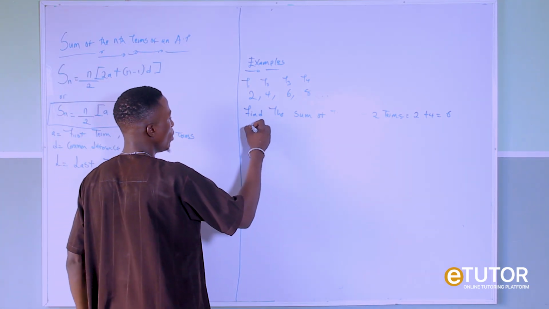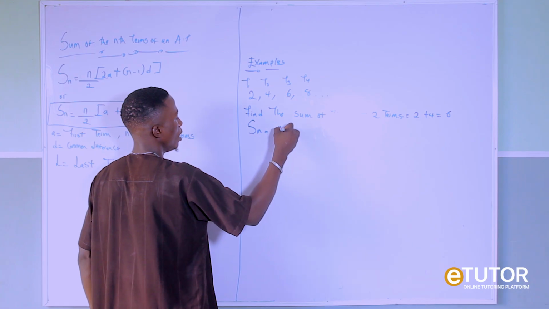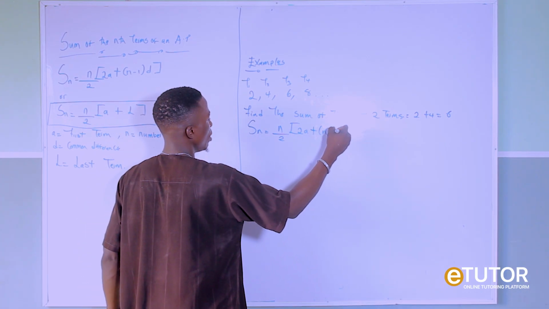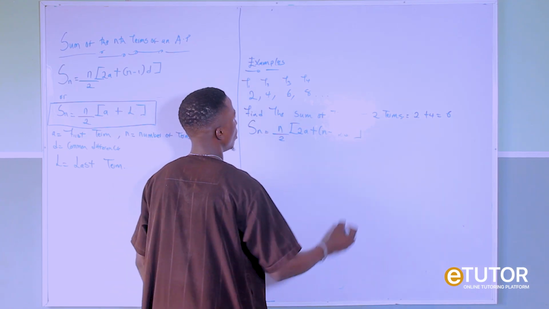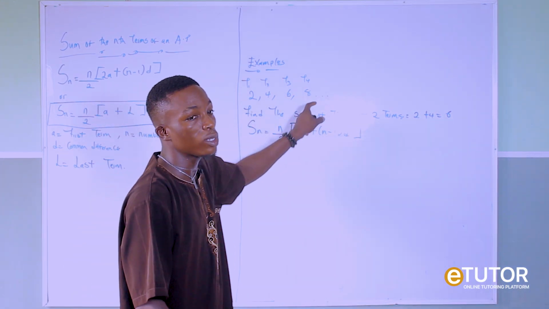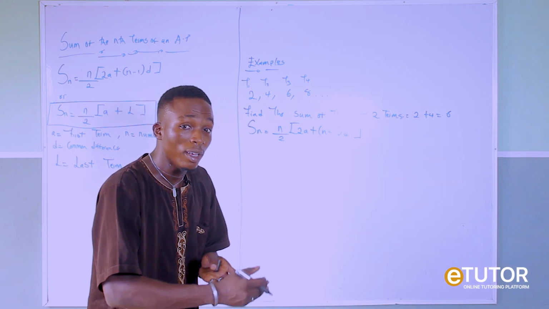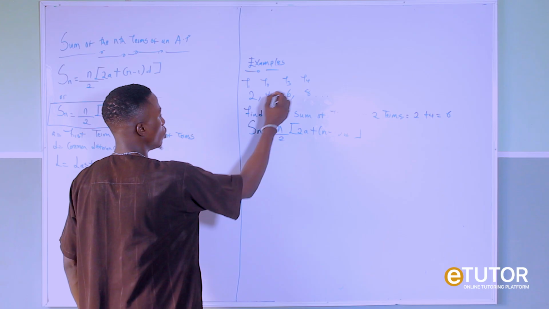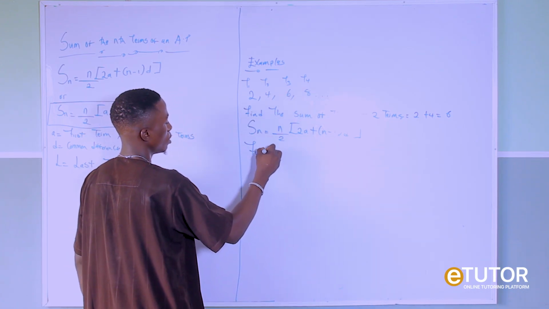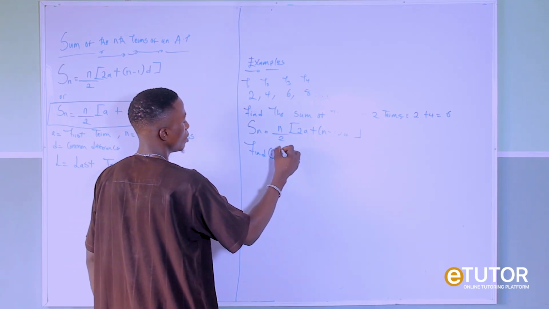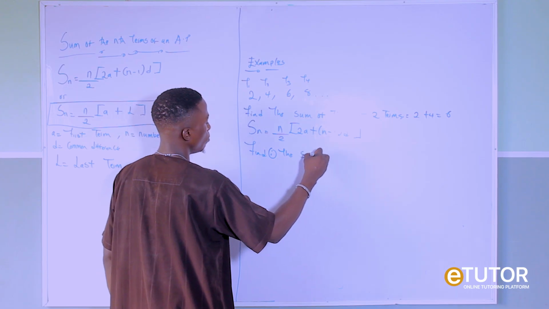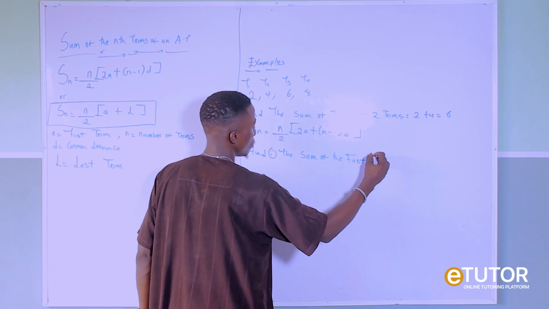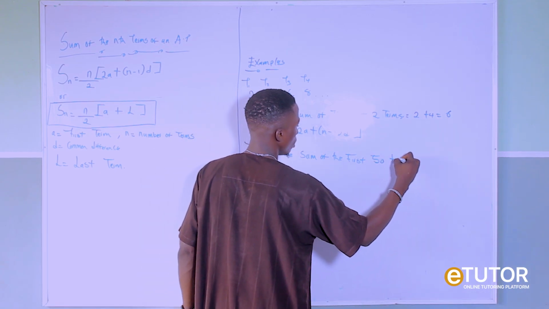Now, the formula states Sn equals n over 2 into 2a plus n minus 1 times d. Now we're given just 4 terms. We're now asked to find the sum of the first 50. But have in mind, we're only given just 4. So let's say we are told to find the sum of the first 50 terms.